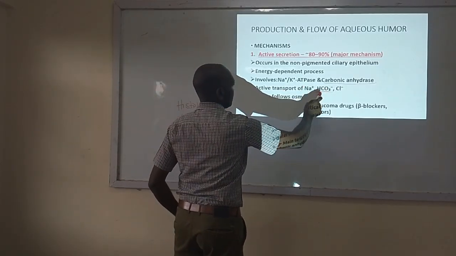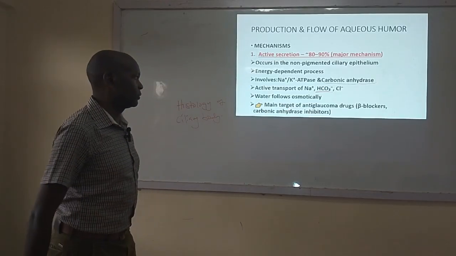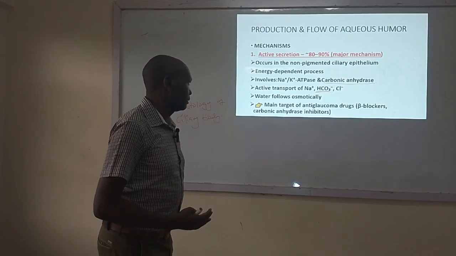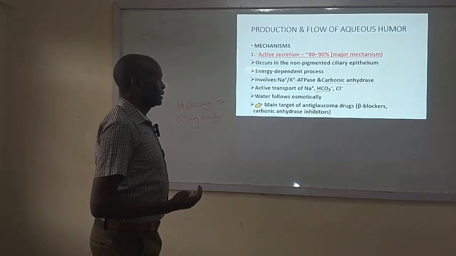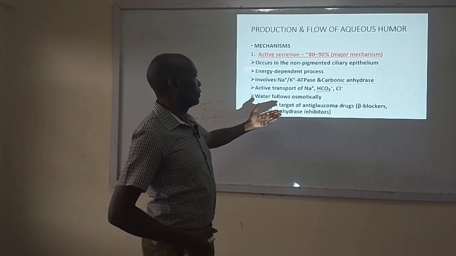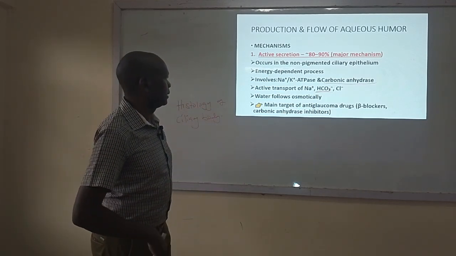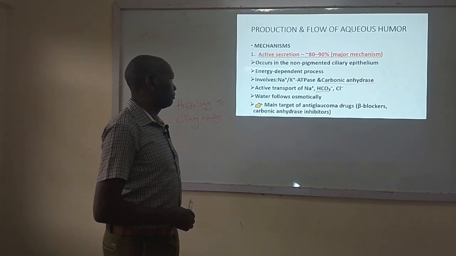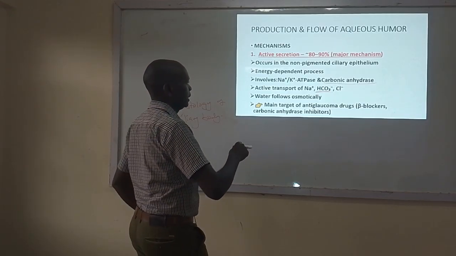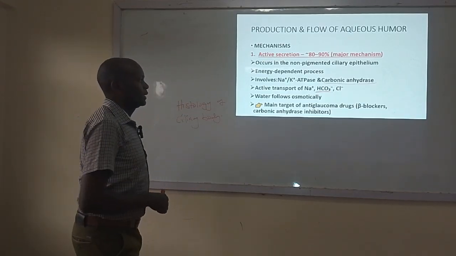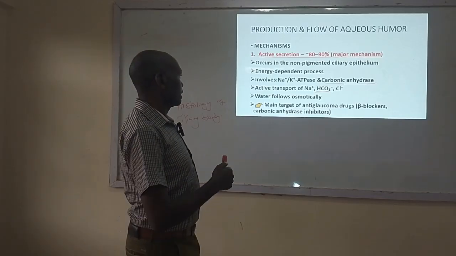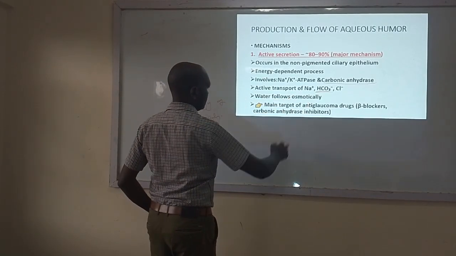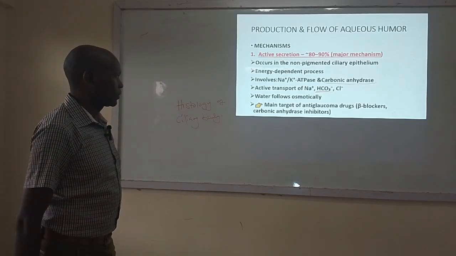And once these bicarbonate ions get into the posterior chamber, it will create an osmotic gradient in which the sodium and chloride together with the other components of water will be pulled into the posterior chamber, and that is how our aqueous humor will be produced. So you can see water just follows through osmosis.